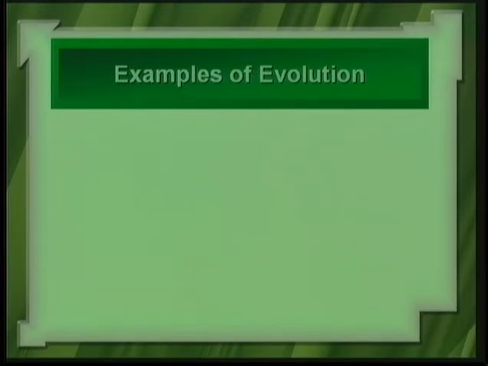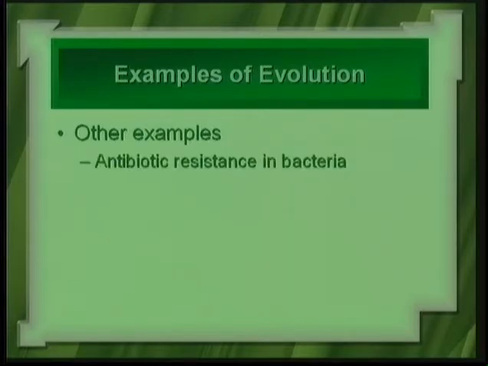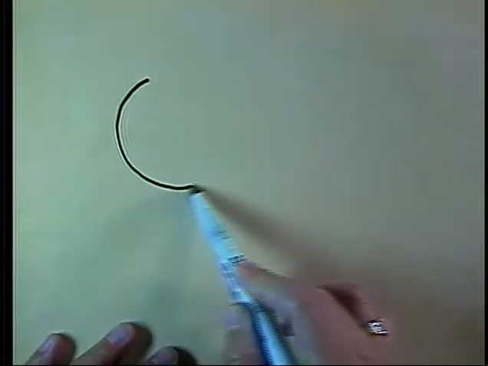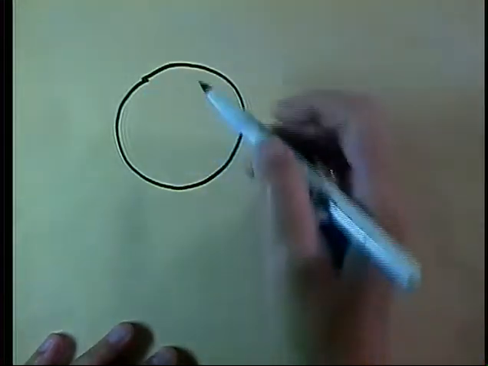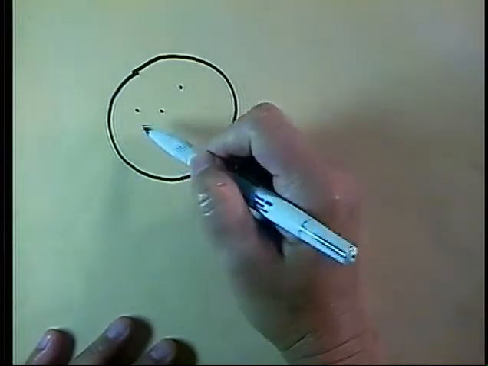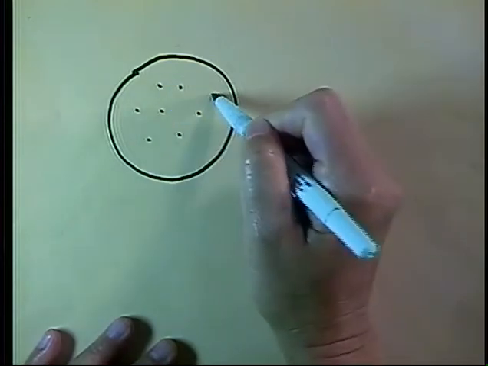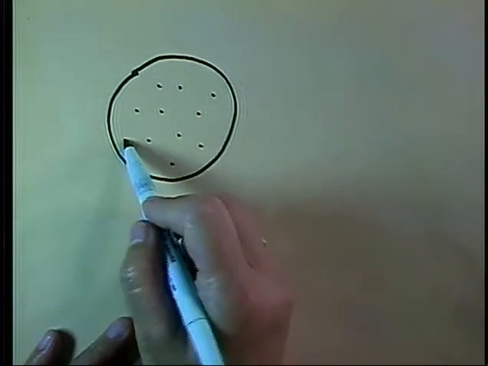Other examples of evolution include antibiotic resistance in bacteria, and that's something that we have actually talked about before, right? So we can take a look at that. Why don't we show you? If you take a look here on the Elmo, you could have a petri dish with these little bacterial colonies, because usually when you're plating out bacteria, you might spot them this way.